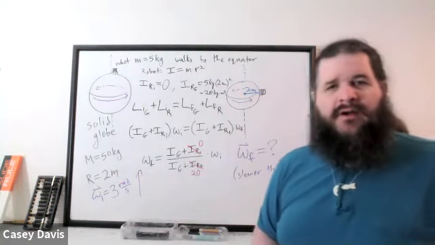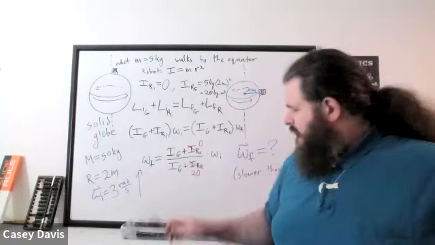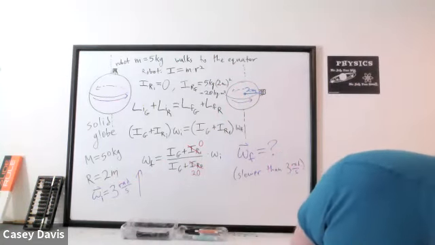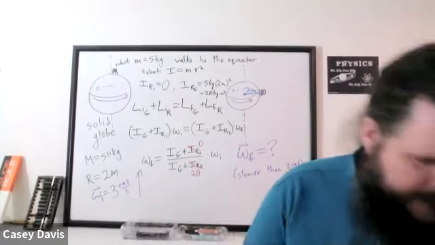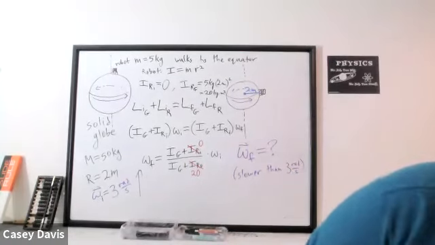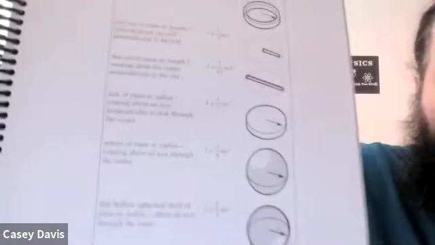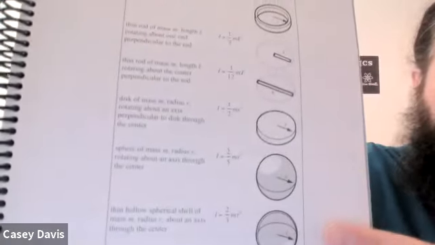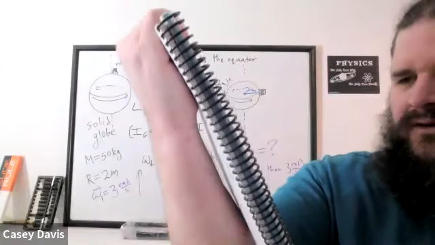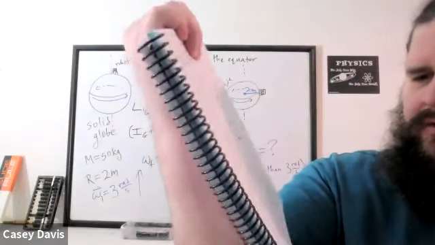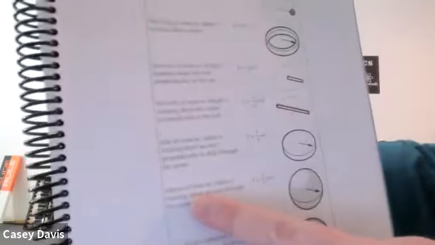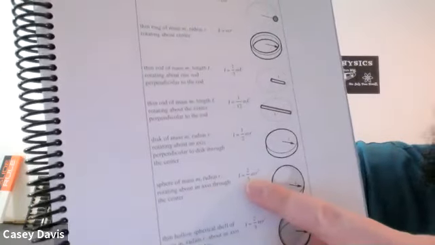And now we just need to figure out moment of inertia for the globe itself. And for that, we should be able to look on a data table, which I happen to have here. We've got a couple of different formulas for a sphere, one of them for a solid sphere and one of them for a hollow sphere. So for the solid sphere, we're going to use this formula.